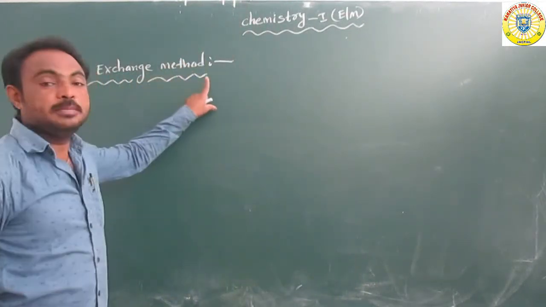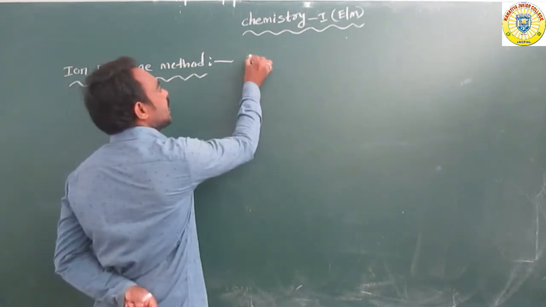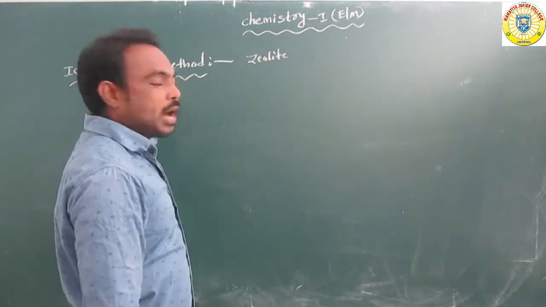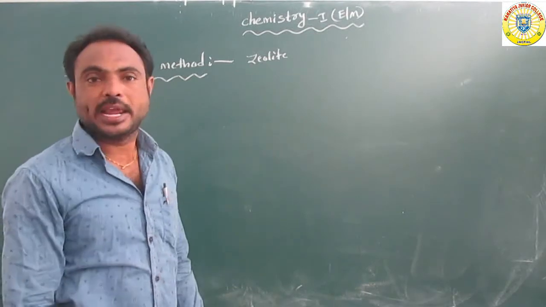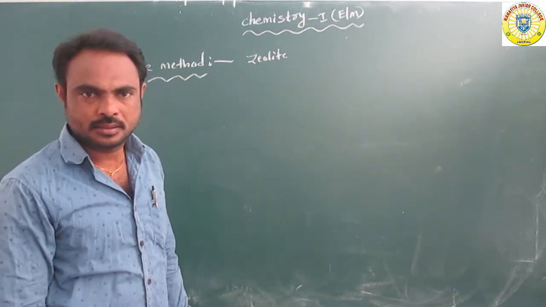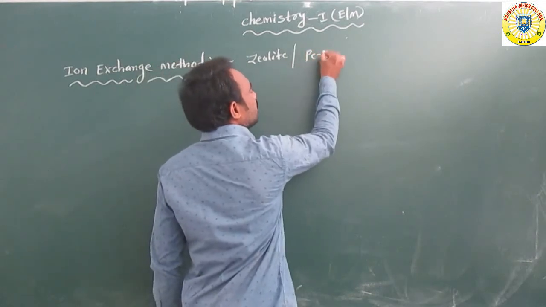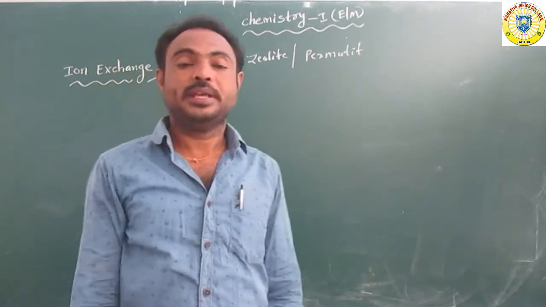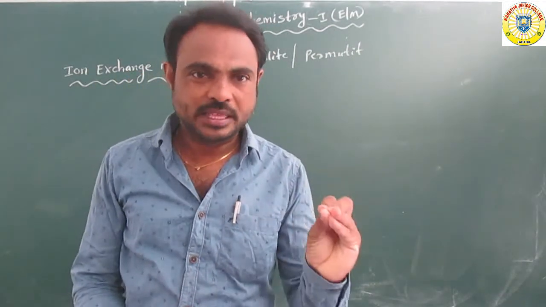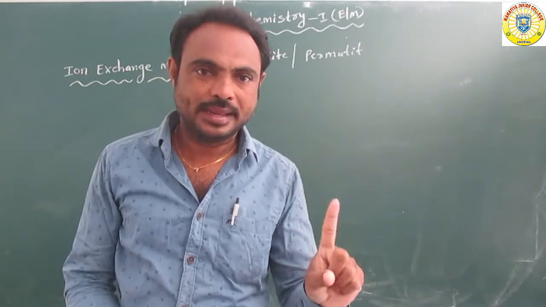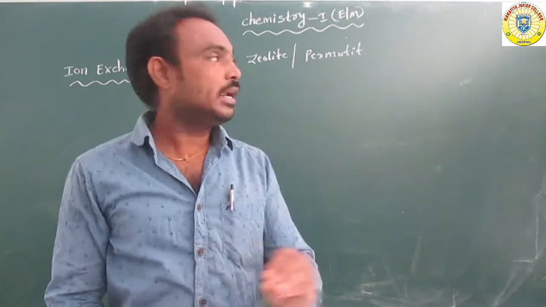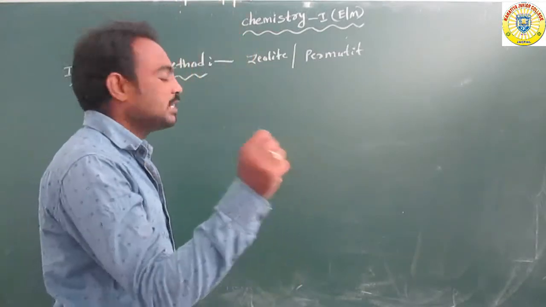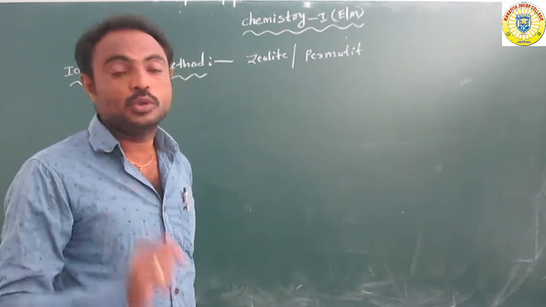This ion exchange method is also called the zeolite method or zeolite process, or the permutit method or permutit process. This process is mainly used to remove the salts.